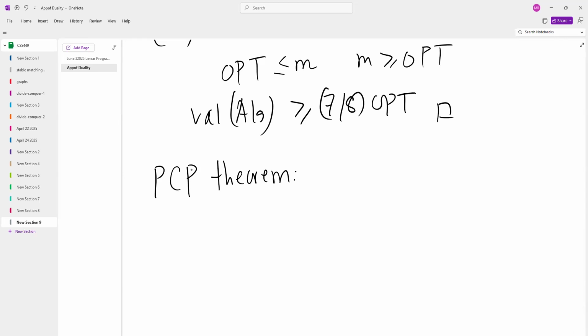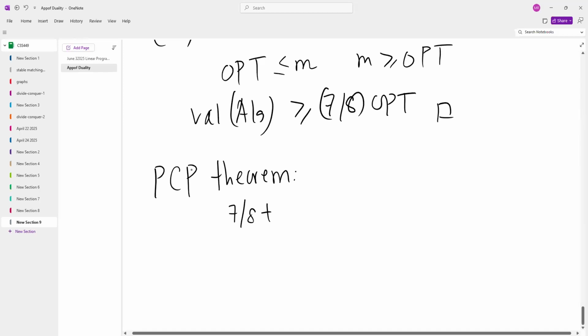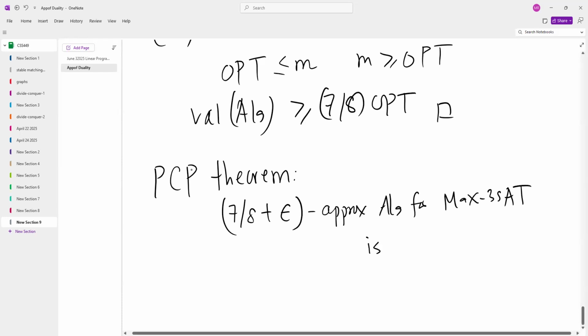The PCP theorem says that if you try to find a 7 by 8 plus epsilon approximation algorithm for max-3-SAT, it is NP-hard.